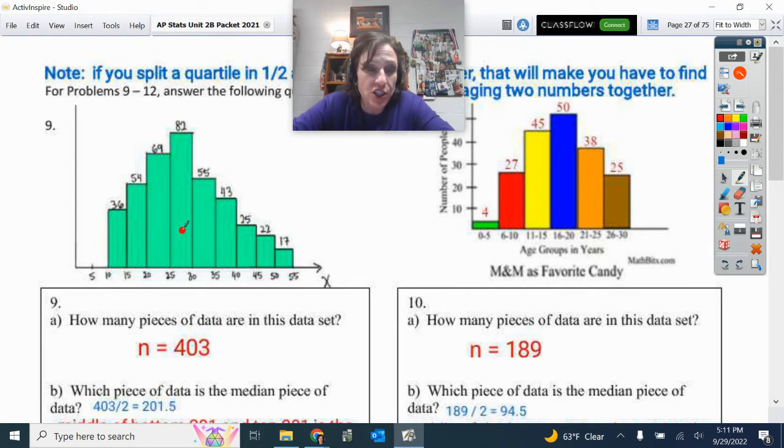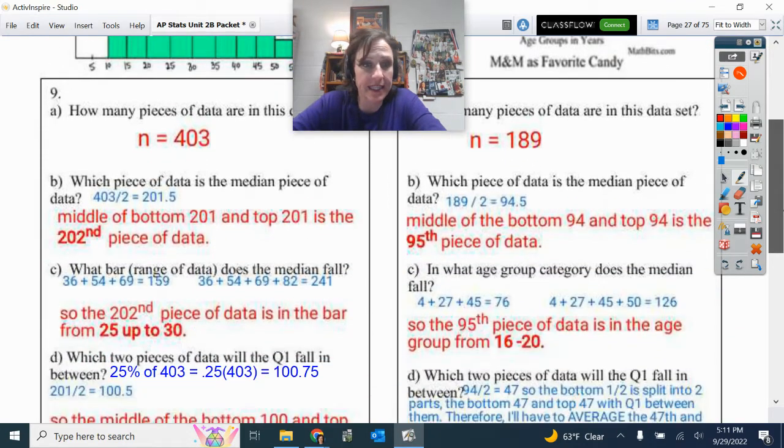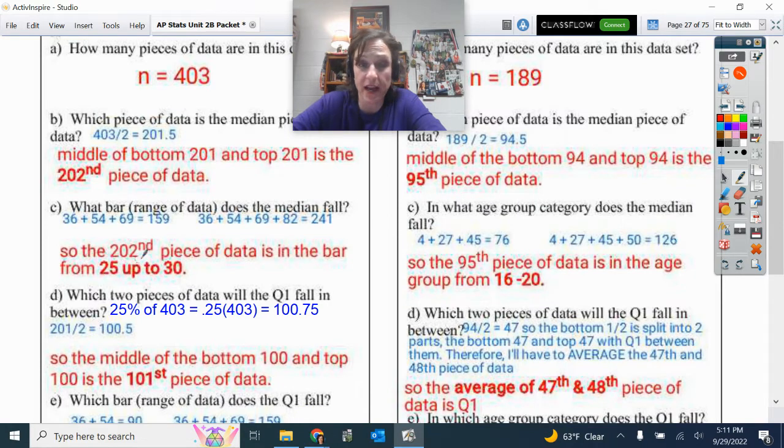That means the 202nd piece of data is somewhere in here, 159 plus a little bit more, probably up higher, but before you get to the 240 whatever piece of data. That's how I know my median is in that bar from 25 up to 30, not 30 yet.